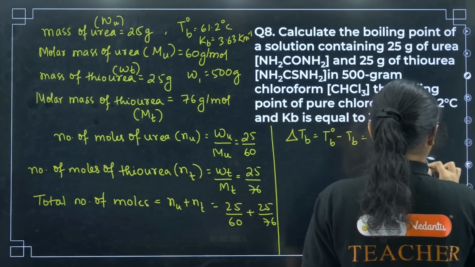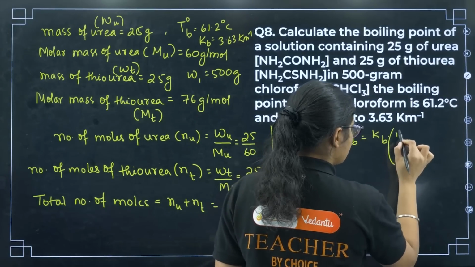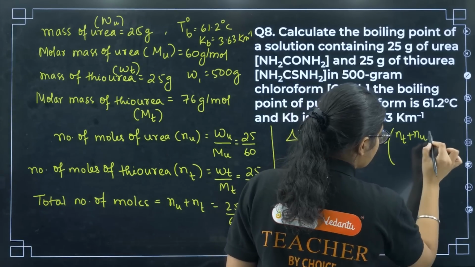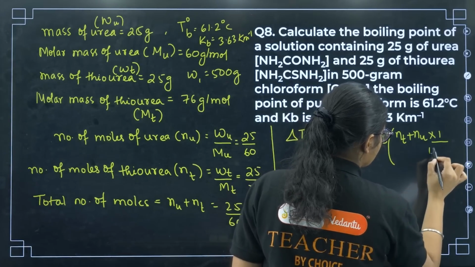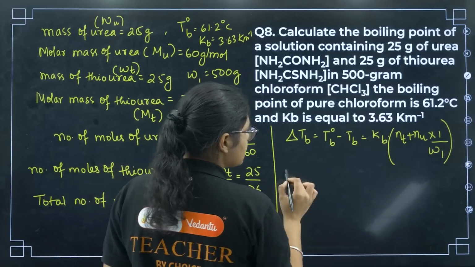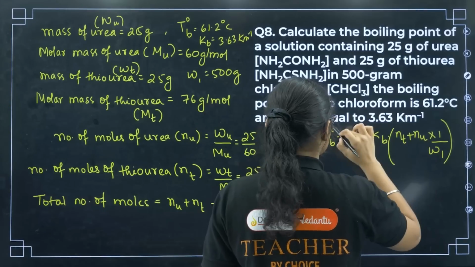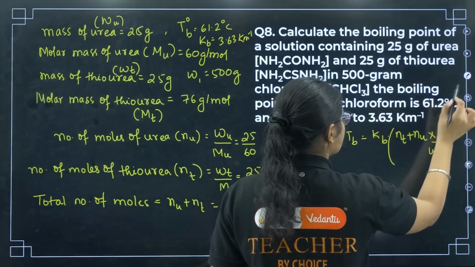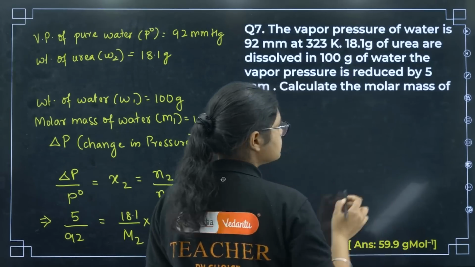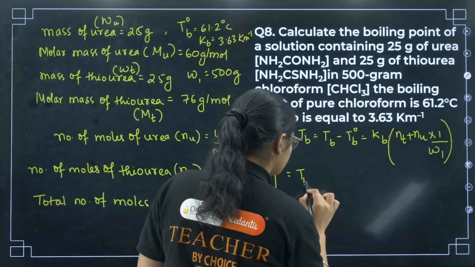Yes, so what I have here, number of moles of thiourea plus number of moles of urea, right, into 1 by W1, that is your mass of the solvent. So it's not T naught b minus Tb, it's Tb minus T naught b. Yes, right? Okay, clear? So Tb I have to calculate.